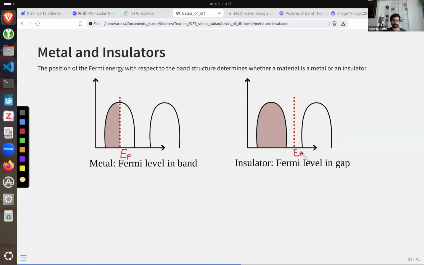As material scientists, we make no distinction between an insulator and a semiconductor. A semiconductor is just an insulator with generally a small gap, while an insulator has a larger gap.